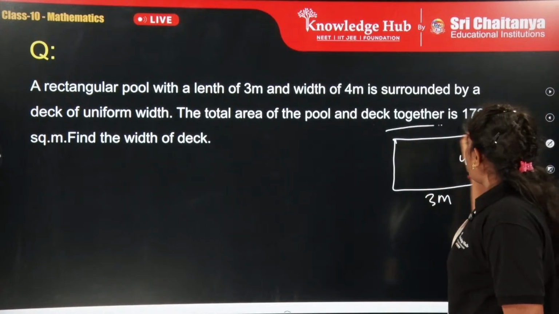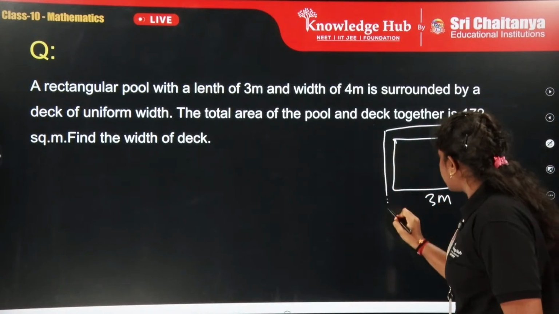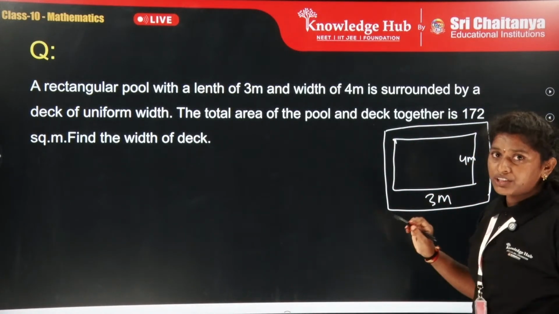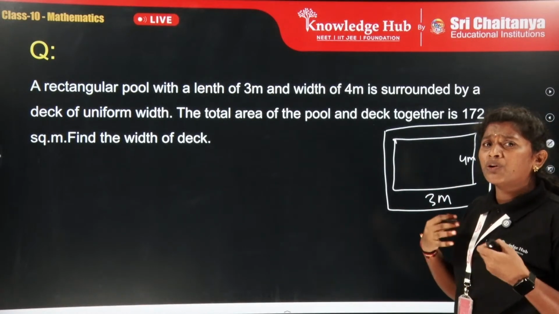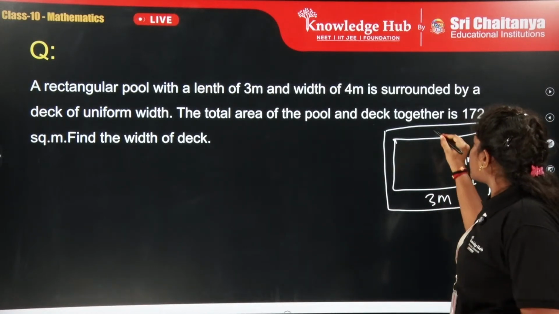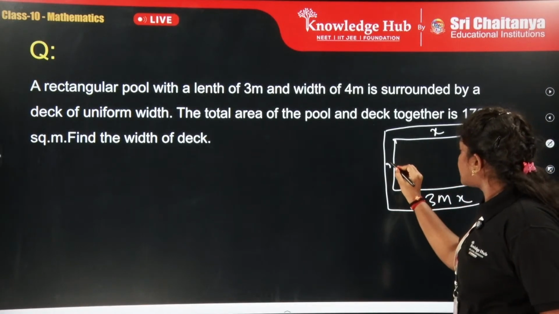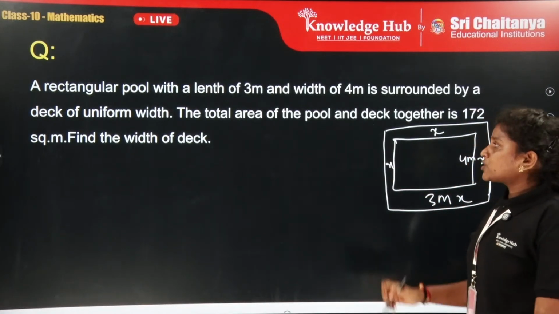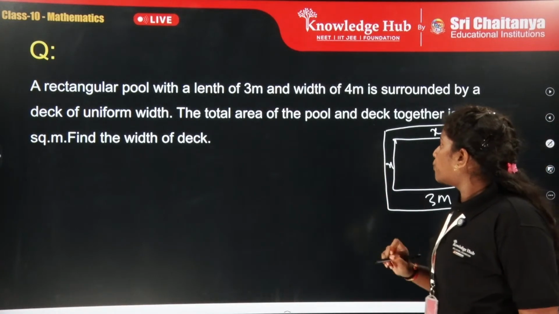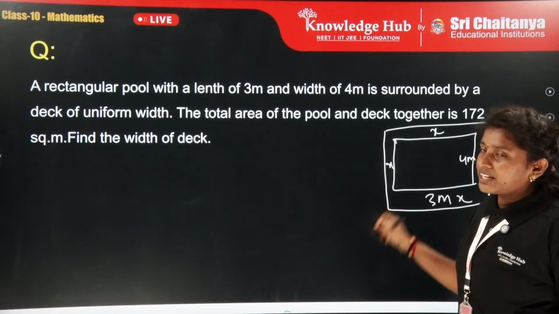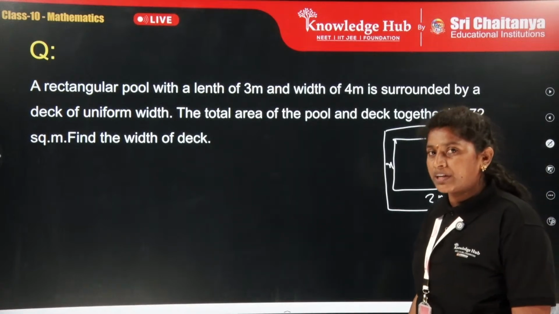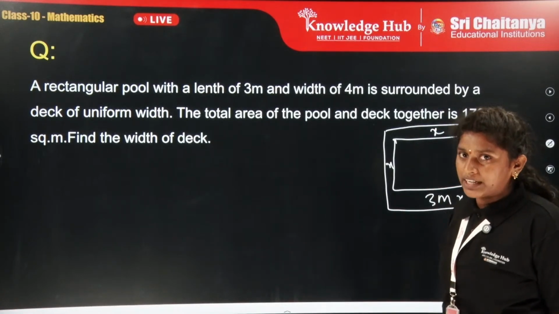Now this pool is surrounded by the deck which is having a uniform width. I don't know what the uniform width is, so I am going to consider that uniform width as x. So we are having all four sides as x. Now the total area of the pool and deck together is 172 square meters. Now find the width of the deck.